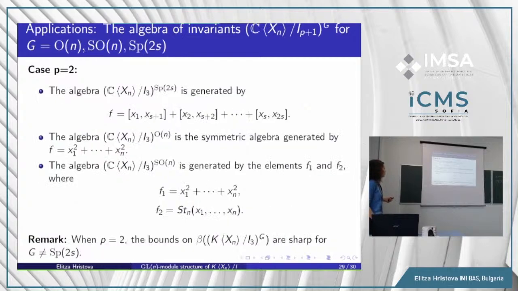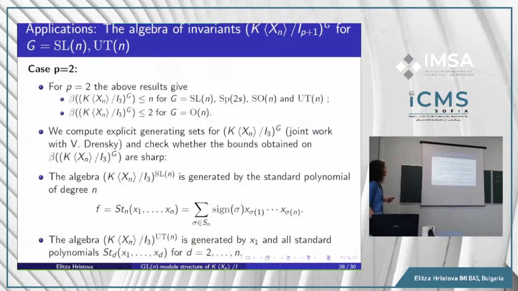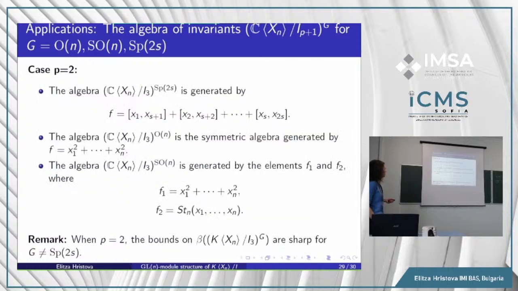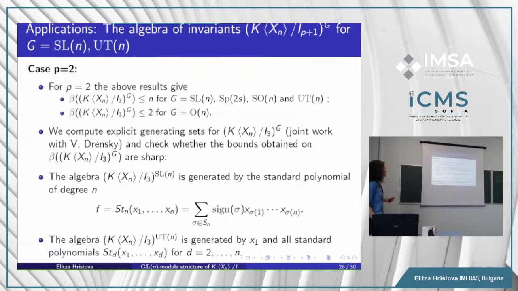And for ON, we have again one generator of degree 2. And here we see that the bound is 2, so the bound is obtained. And finally, when we take the SON invariants, there are two generators, one of degree 2 and one of degree n. And so again, the bound is obtained.